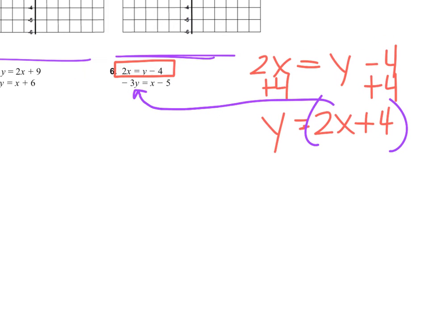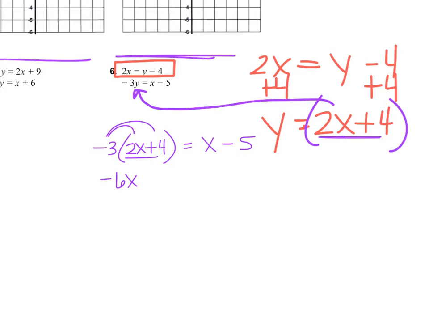So this is going to be -3 times 2x plus 4. Okay, so this right here goes right here, equals x minus 5. So I'm going to distribute this.